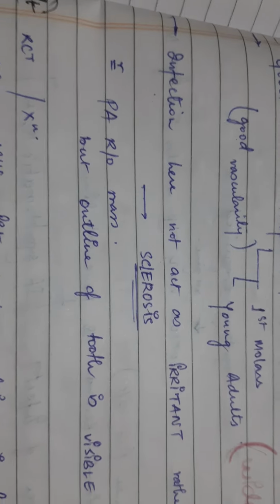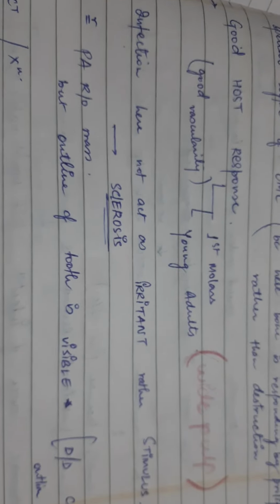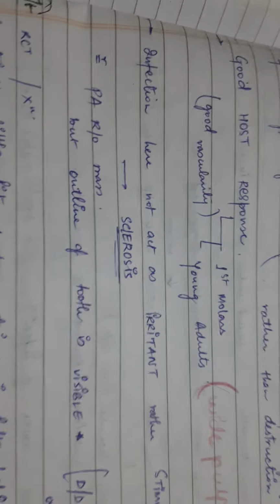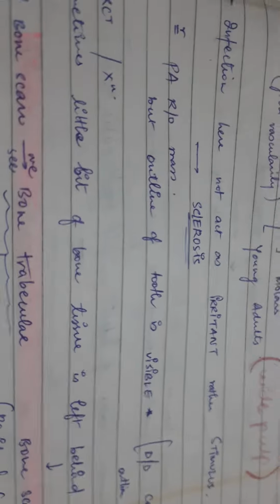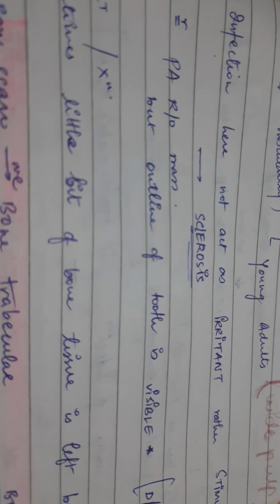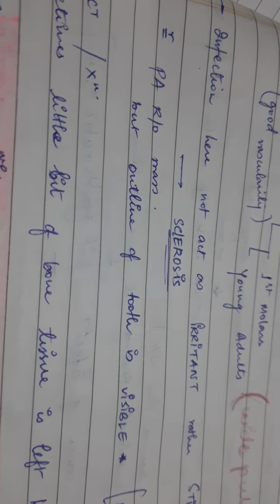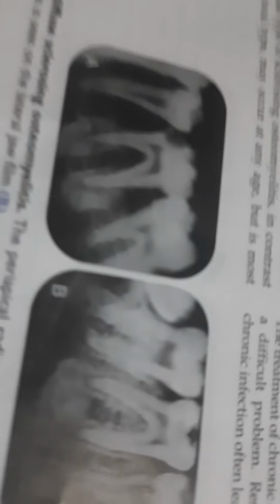Infection here acts not as an irritant but as a stimulus for sclerosis. It is seen as a periapical radiopaque mass, but the outline of the tooth is visible. Differential diagnosis is from cementoblastoma: the outline is not visible in cementoblastoma, but here the outline of the tooth root is visible.